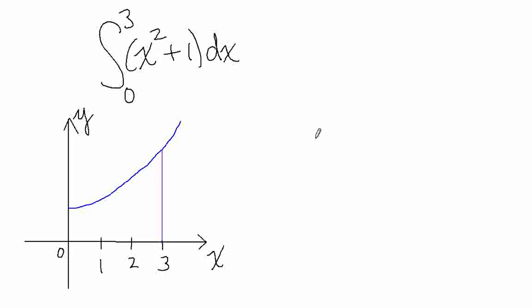Okay, so that picture represents the region we're going to work with. We're going to find an approximation to the area of that region. Okay, and so the 3 trapezoids will look like the following.